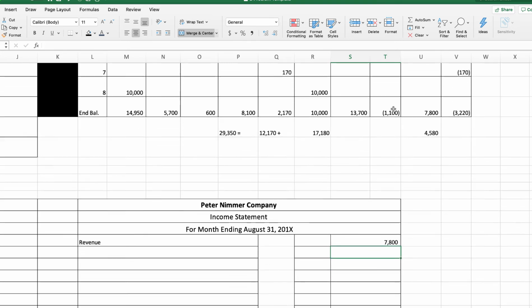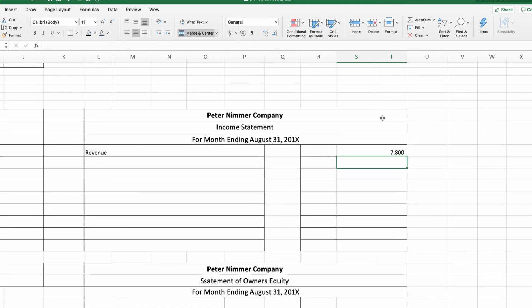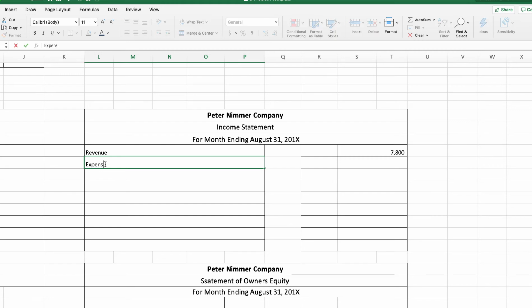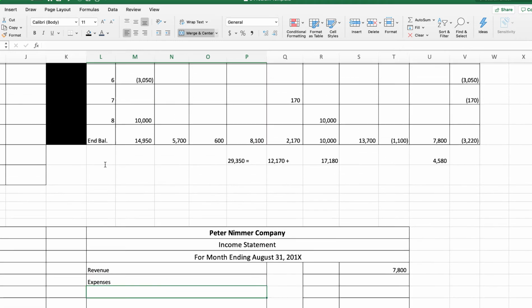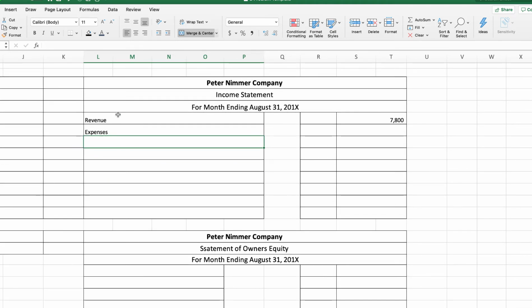So I have my revenue. The next thing I need to do is list my expenses. So I'm going to type in expenses, then go down a row, indent, and list all my expenses.